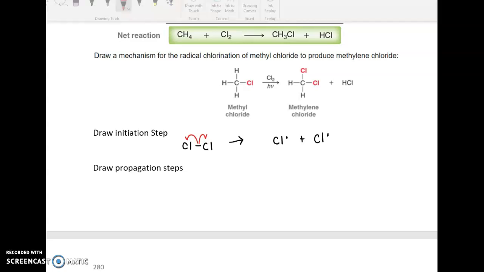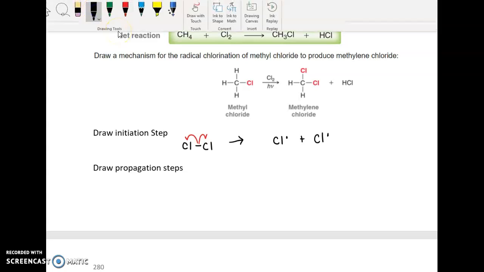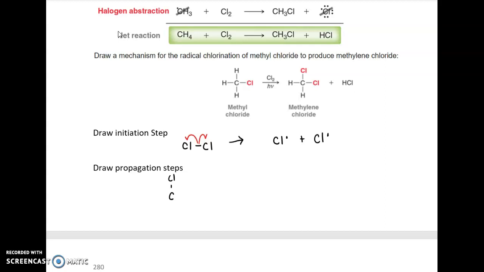Propagation step. Sorry, my writing's not the best.